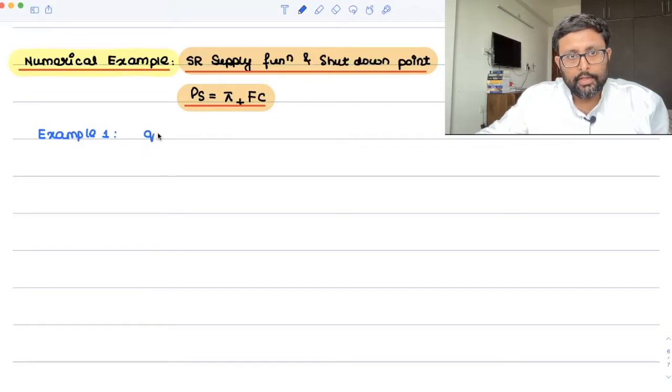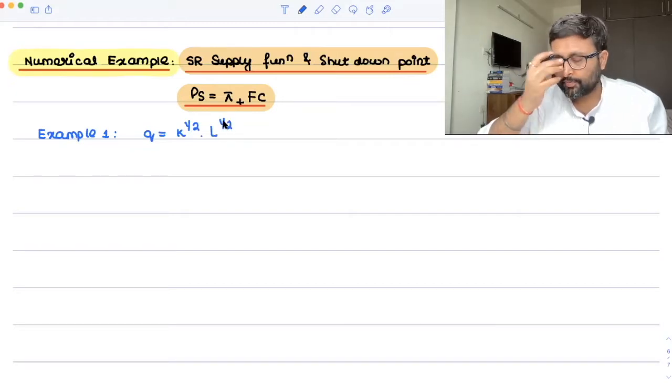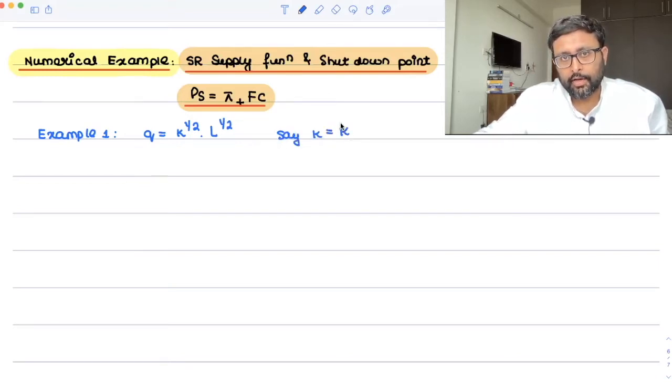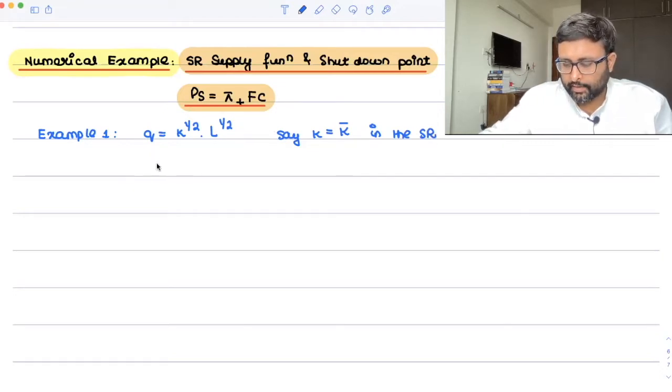You have, let's say, Q is equal to K to the power half, L to the power half. Say K is fixed at K bar in the short run. Now, when it is fixed at K bar, then your function becomes like this.